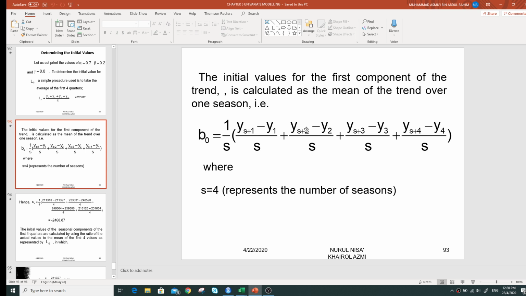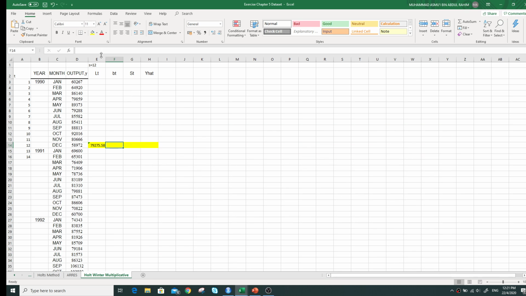Then Y14 minus Y2 over 12. So how do we get it? You put this equation: the first 13th observation minus this one, and then over 12.